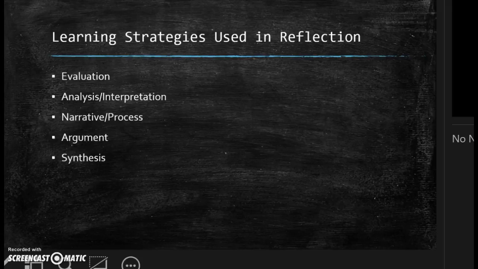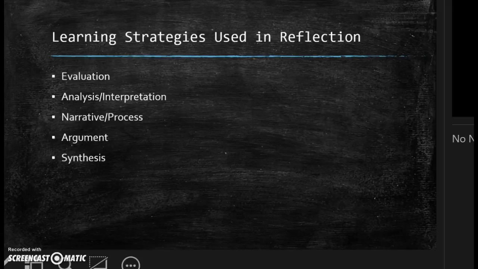Also, you're analyzing and interpreting, in that you're breaking the artifact down into parts and looking at how the parts work together, and you're explaining what's meaningful about this particular assignment or artifact. You're telling it in a narrative or process analysis type of way, so you're using those strategies.